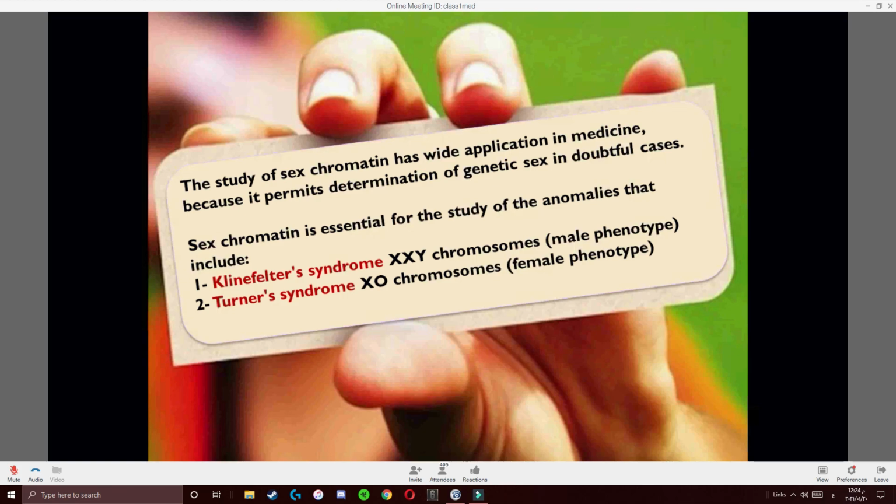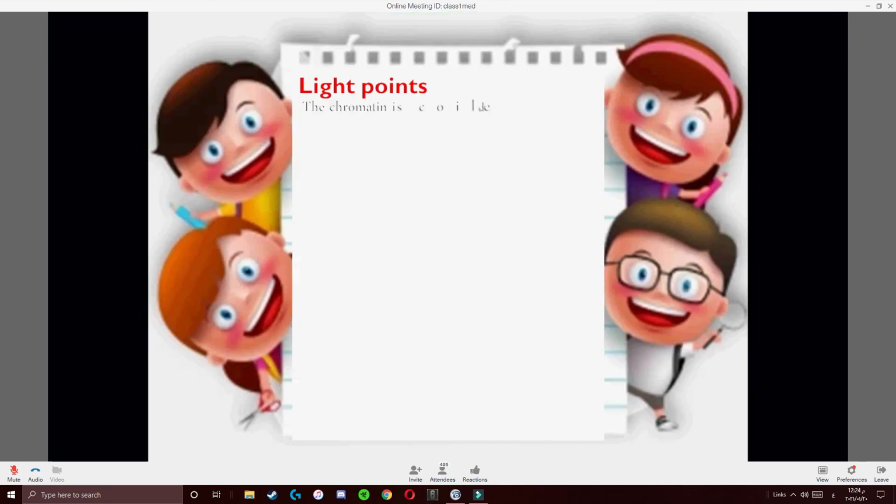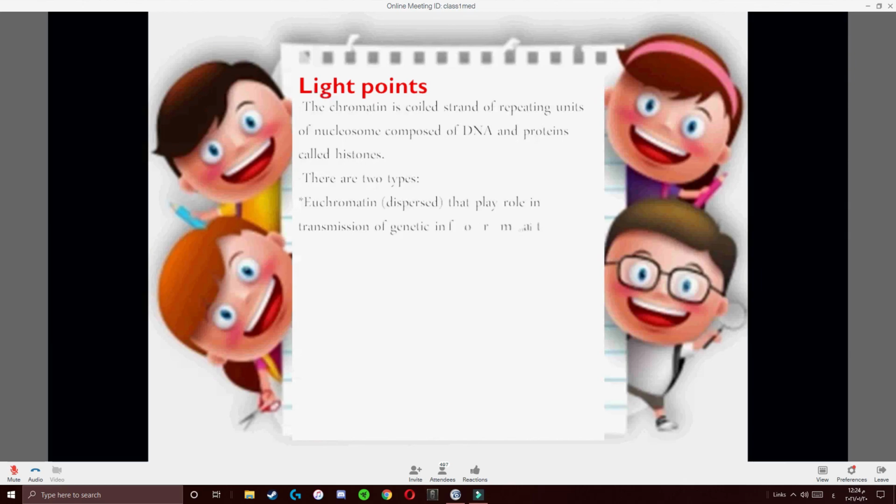The key points for this lecture: chromatin is a strand of repeating units of nucleosomes that are composed of DNA and proteins called histones. There are two types of chromatin: euchromatin, which is dispersed and plays a role in transmission of genetic information and protein synthesis; and heterochromatin, condensed or coiled chromatin that is metabolically inert.